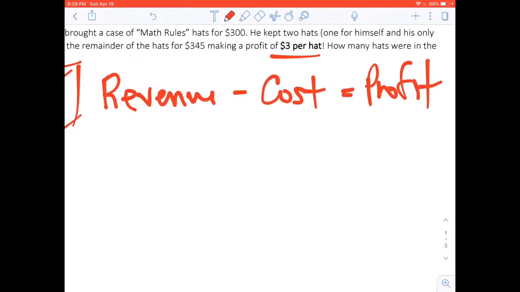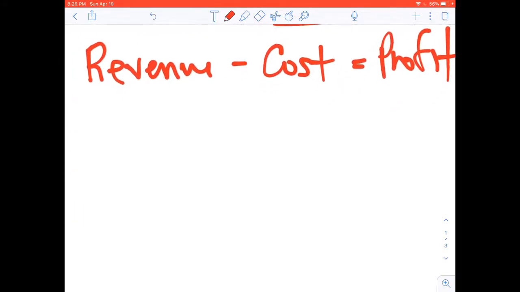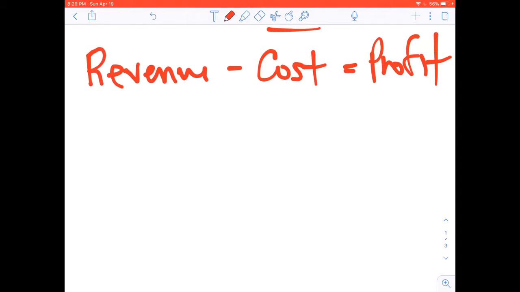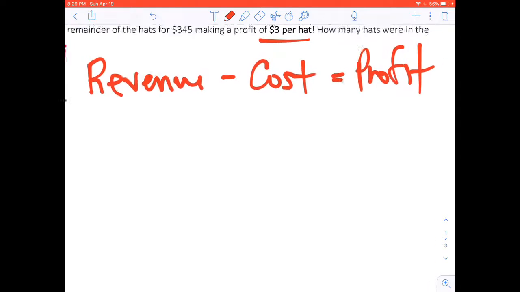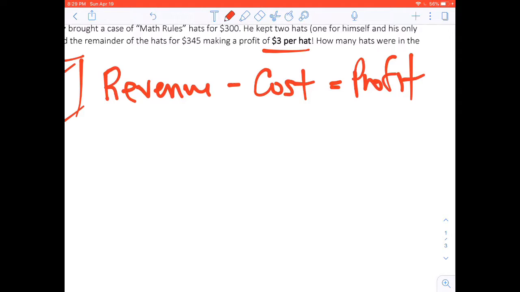So we're going to go through this. So revenue is the amount of money that I took in. So because profit is in per hat, we're going to have to make revenue and cost also per hat. So the revenue per hat minus the cost per hat is profit per hat.